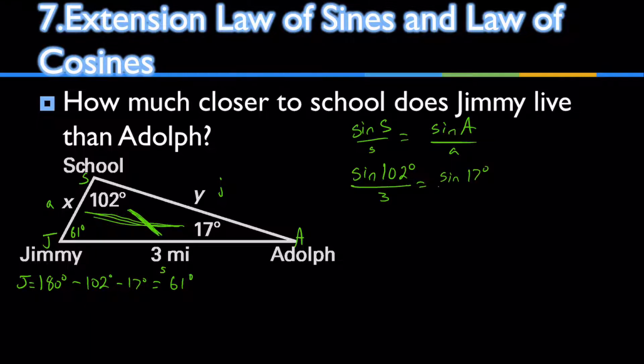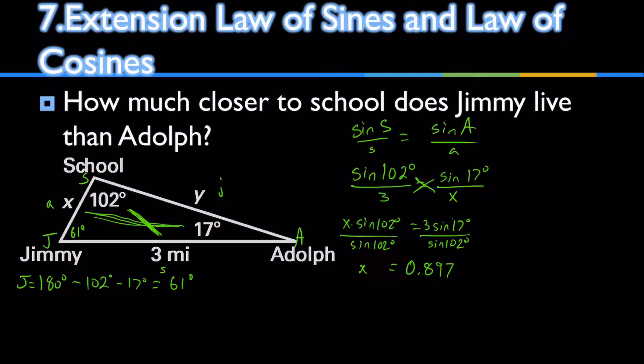Angle A is 17. Side a is x. Cross multiply, and then it's x times sine of 102. So I'll divide by sine of 102.